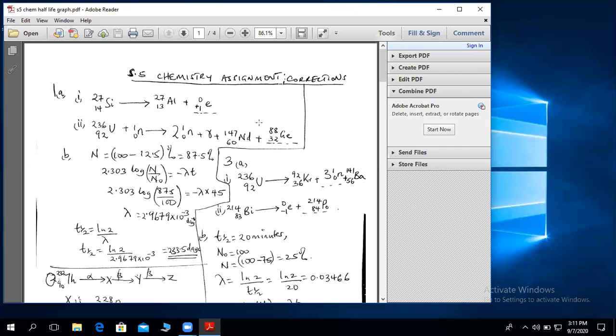What do you do? You don't change the atomic number, but you go to the periodic table, which I had sent attached to the questions, and you look for the element which has an atomic number of 32, and that element is here.